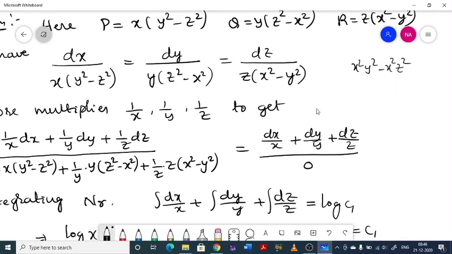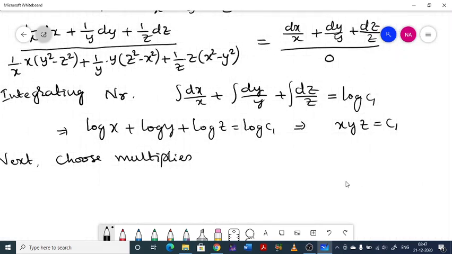Next, if I multiply y to this, I have to get the same degree, so y into z square, multiply y again: y square z square minus y square x square. Now multiplying z to this, you'll get z square x square minus z square y square. See, these two get cancelled, these two get cancelled. So x, y, z is the second set of multipliers.